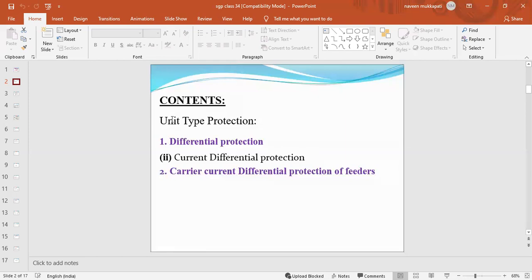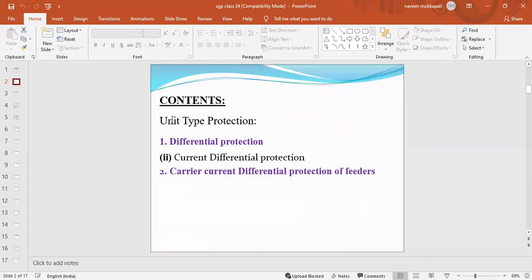Because the distance between the generating station and the substation is very long. The generating stations are very far away from the load centers. That's why we are installing substations. In the substation, the power is transmitted from the generating station by using these feeder lines.